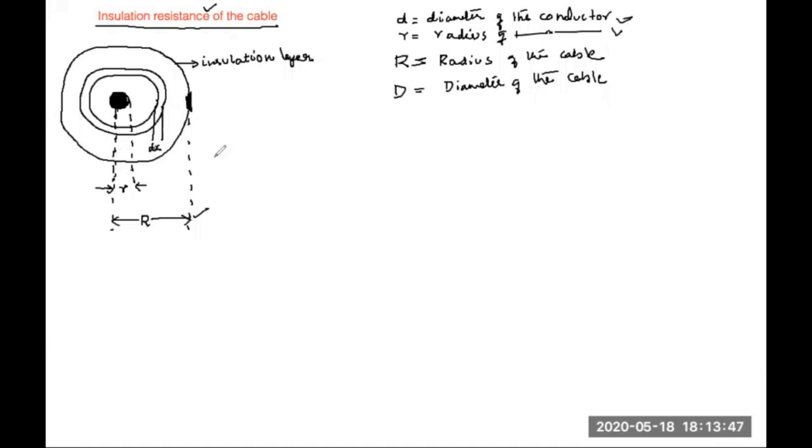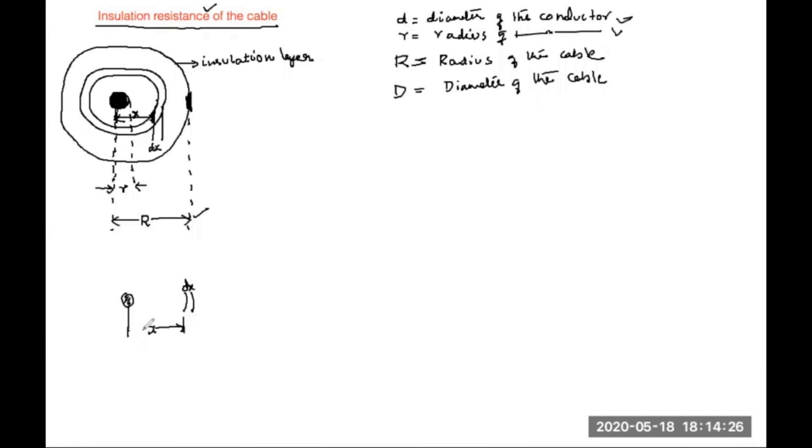Now how much from here to here? From this distance to this distance, let me call it x. Can you see here? If this is the conductor, from here to here is dx.